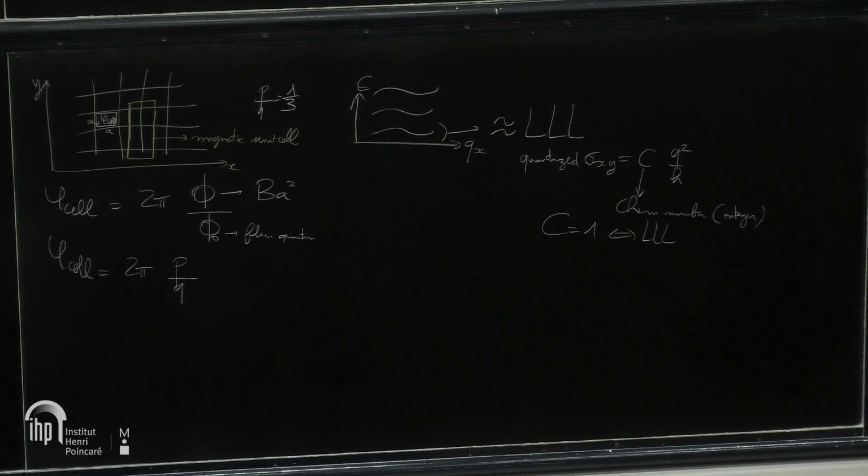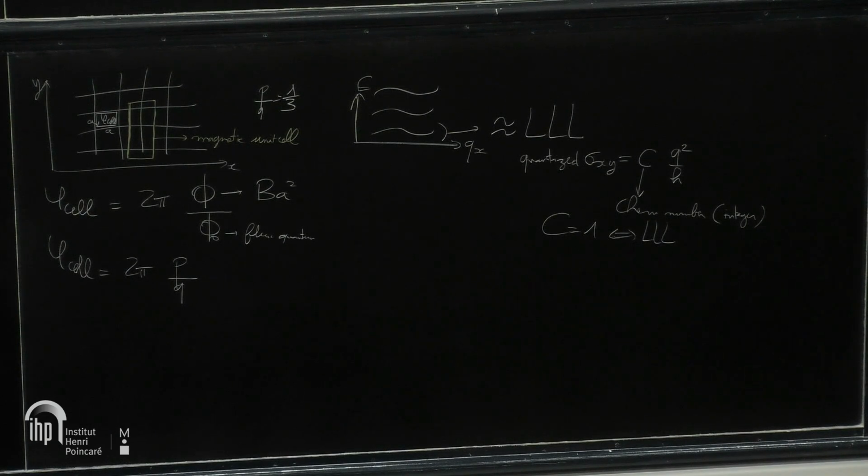But as soon as you consider a lattice system with complex phases, such that there is a breaking of time reversal symmetry, you can have non-zero Chern numbers and the same physics. Okay. So that's it for the first part. Now I will move to the second part about experiments.